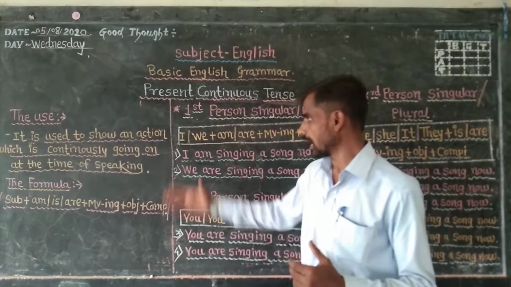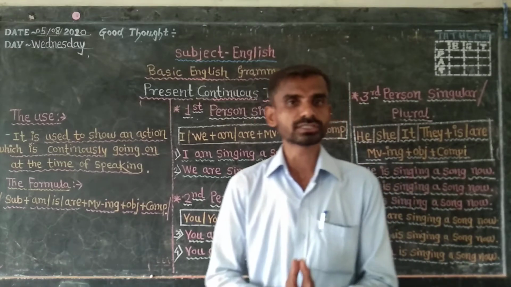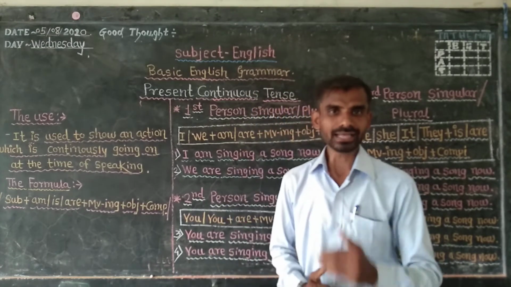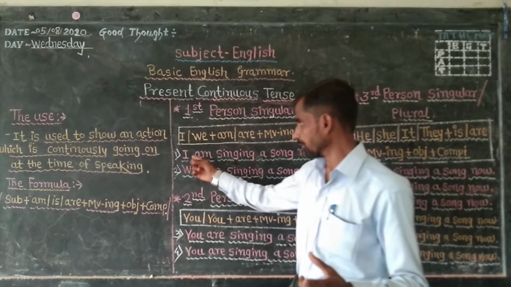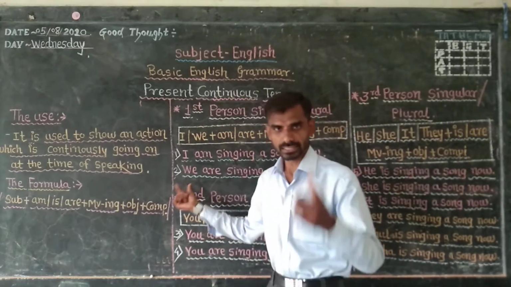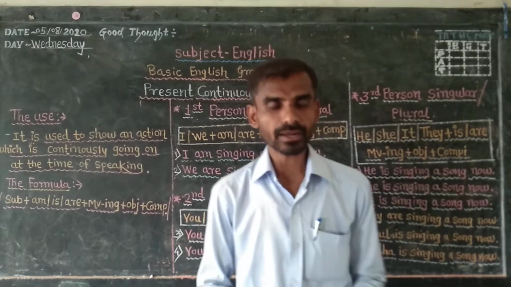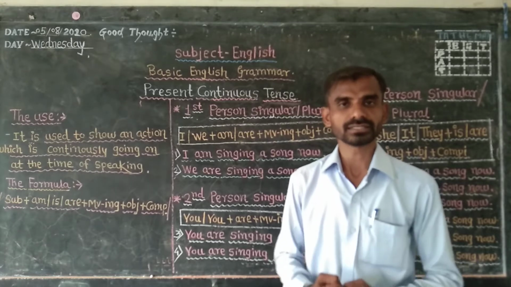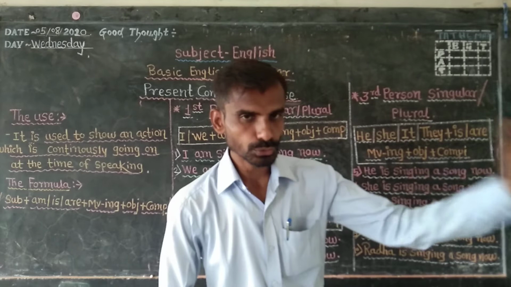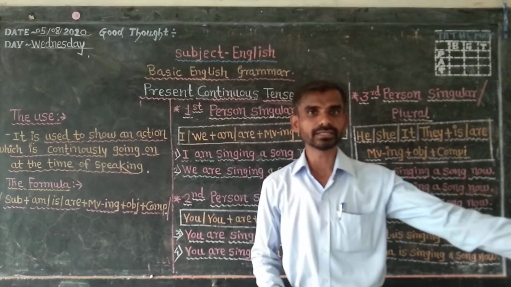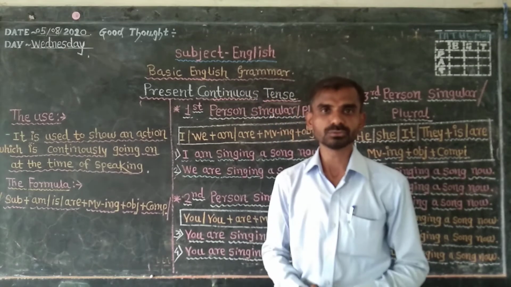Whenever I have to talk about myself in present continuous situation, I have to say I am playing cricket now. In case of we, I have to say we are playing cricket right now. In second person singular and plural, you are playing cricket now and you all are playing cricket right now.